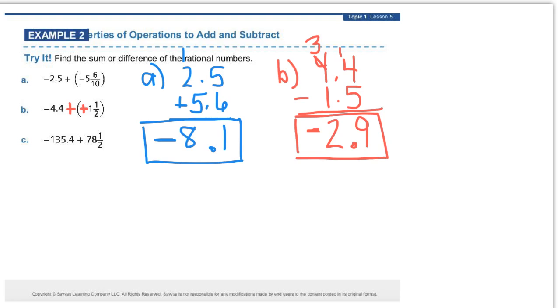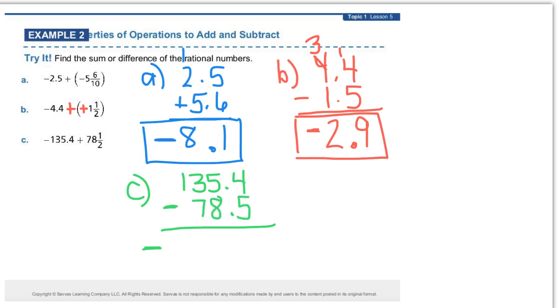All right, letter C, we are ready for you. I'm going to do it down here. I have two different signs, so I look, which one do I have more of? And I have more negatives, so I'm going to put my negative right there in my answer. Now I just deal with my digits. 135.4, subtract, because they were different signs, 78.5 looks like that.